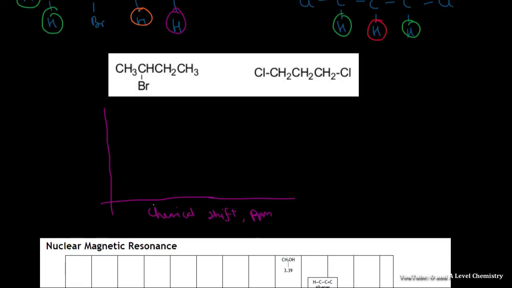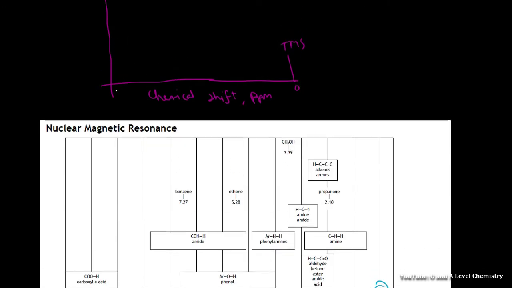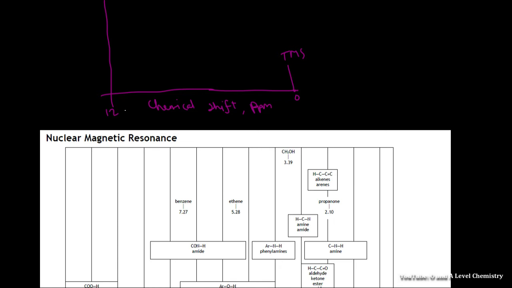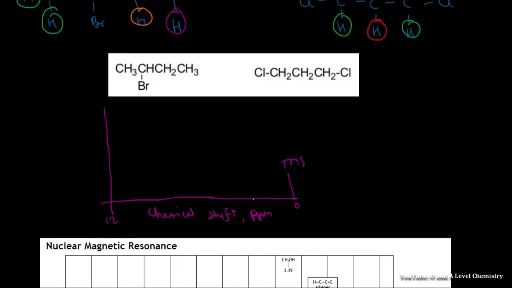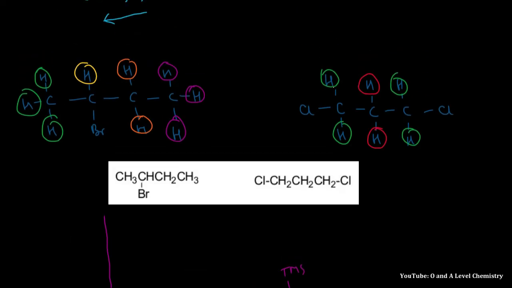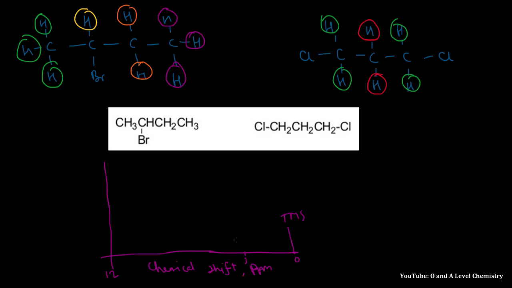So if this is your TMS at 0 ppm, and all the way back here is 12 ppm, the green ones are going to be in the range between 2 to 4.2. So just go with 3. So the green environments are going to be here. You're going to see a peak between 2 to 4.2, which is going to have a height of 4 because this peak was caused by 4 hydrogens.